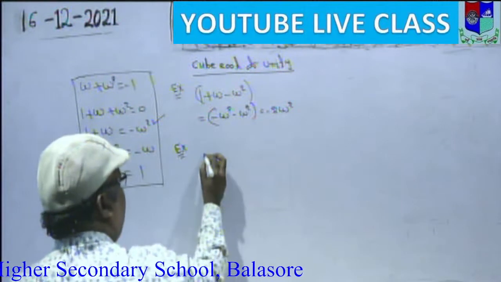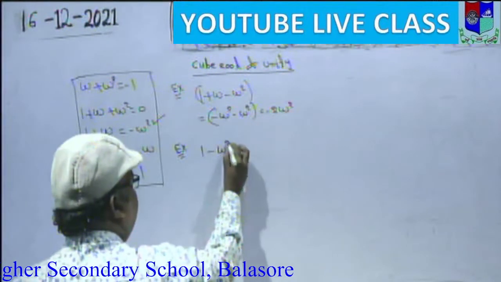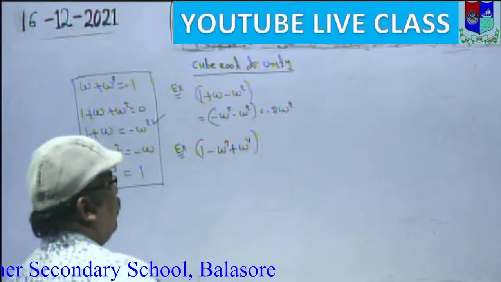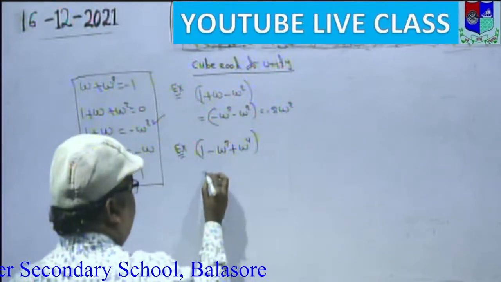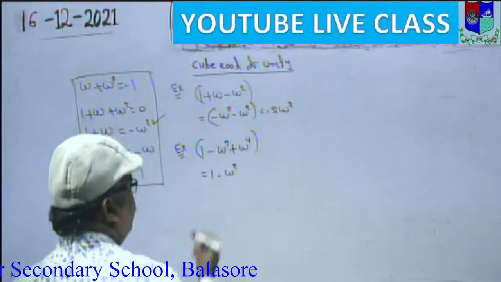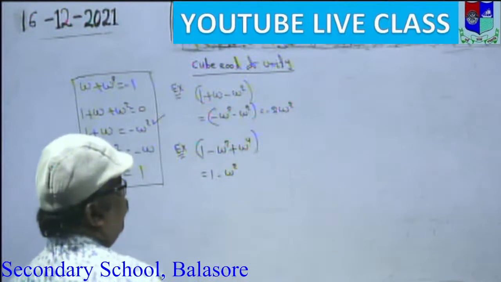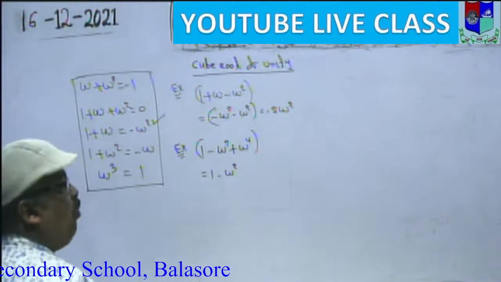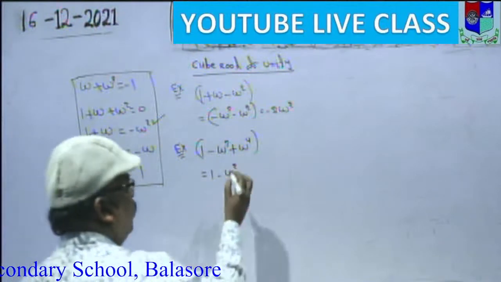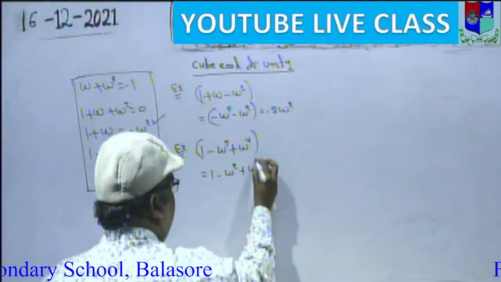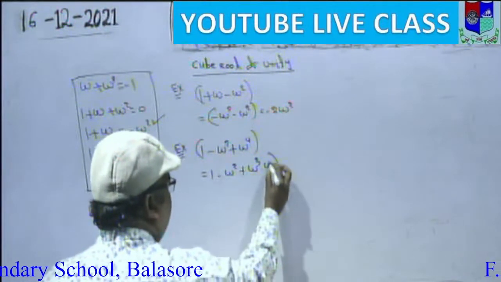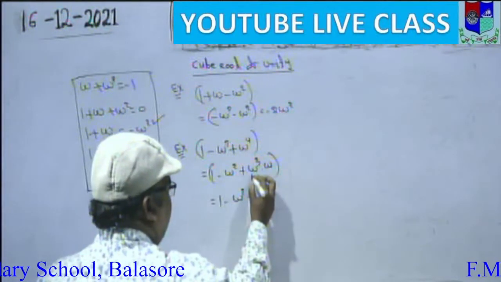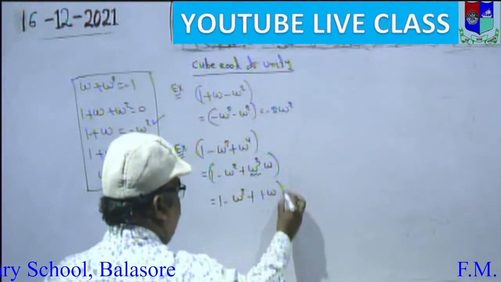If one question is like 1 minus omega square plus omega fourth, what will we do here? First we have to find out the value of omega fourth. We know omega fourth is omega cube into omega. So we write that is 1 minus omega square plus 1 into omega.